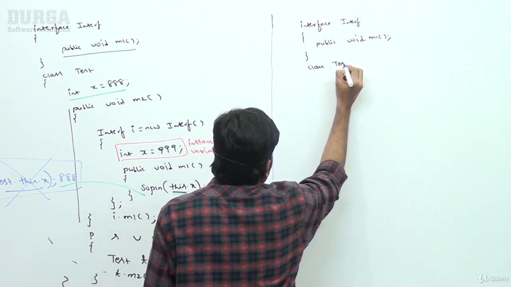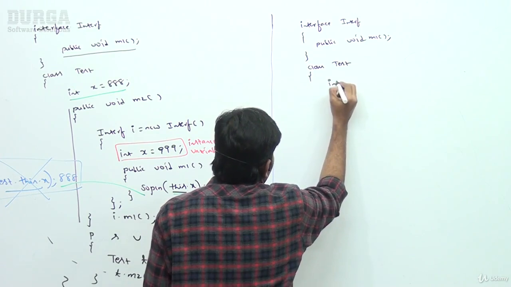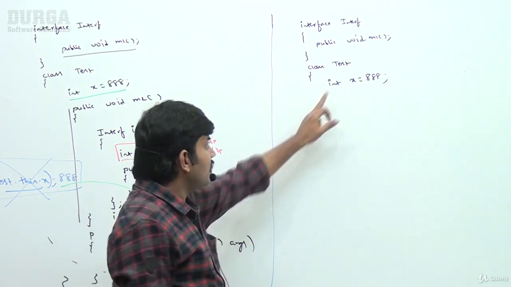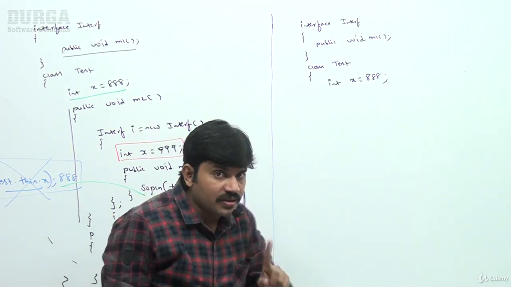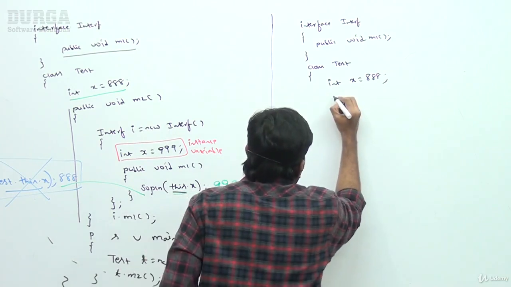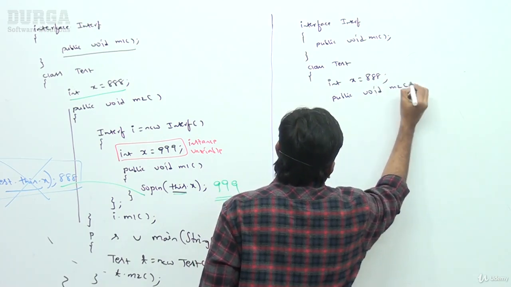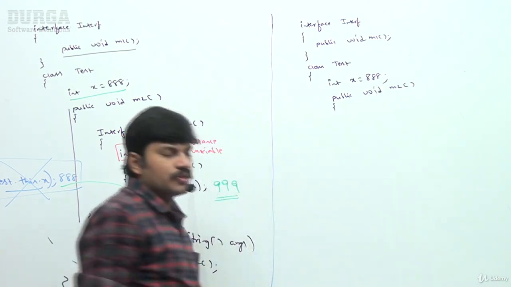Class Test, int x is equal to 888. What is this variable, sir? Instance variable of which class? Test class, right? Now I am taking public void m2 method.